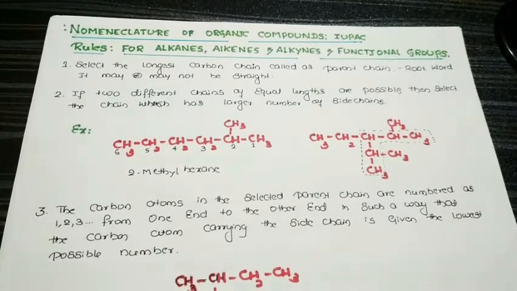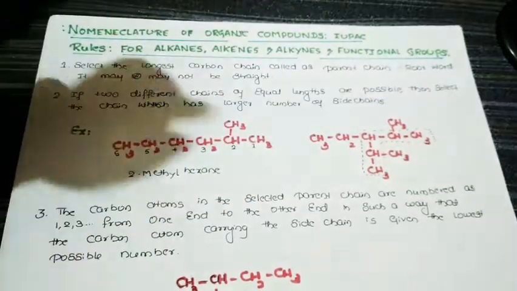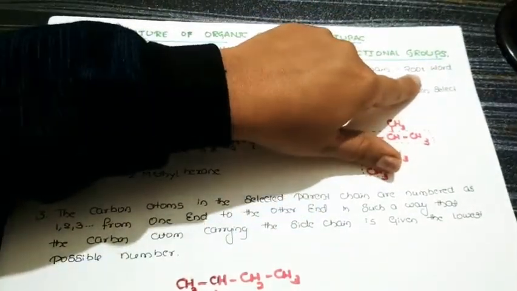Select the longest carbon chain, called the parent chain. We need to select the carbon chain in such a way that we have the maximum number of carbon atoms in that chain. So it is called a parent chain. As we learned, the number of carbon atoms is nothing but the root word.